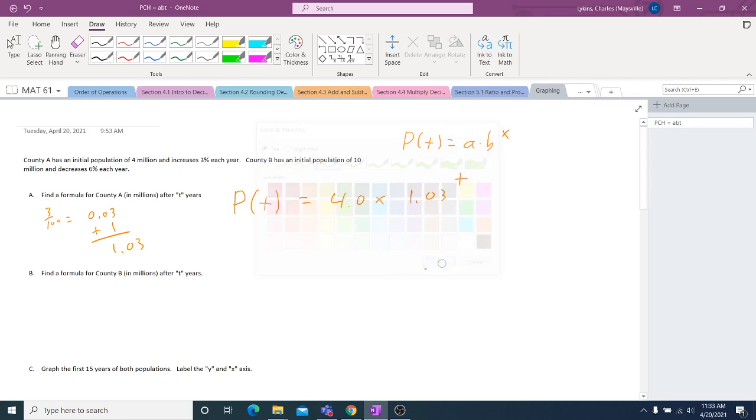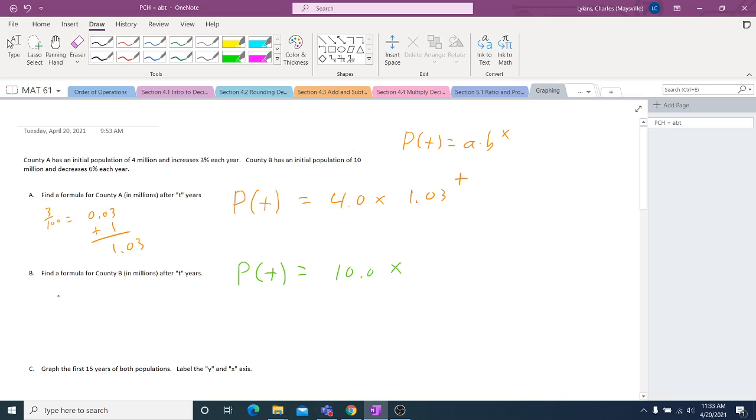Okay, next. Now we want to look at how to come up with an exponential equation for County B. So let's look at it. So now this is going to be P of t equals, the initial value is 10.0, but now it's not an increase, it's a decrease.